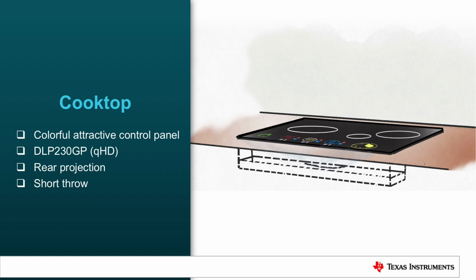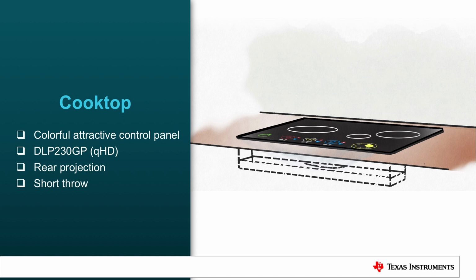The assumption here is that you'll have some housing as described in the picture, and the projection optics will be from the bottom of the housing facing towards the cooktop itself, without intruding into the aesthetics of the cooktop that is being seen on the surface. So there you have it, a cooktop with a colorful control panel that can be on demand.